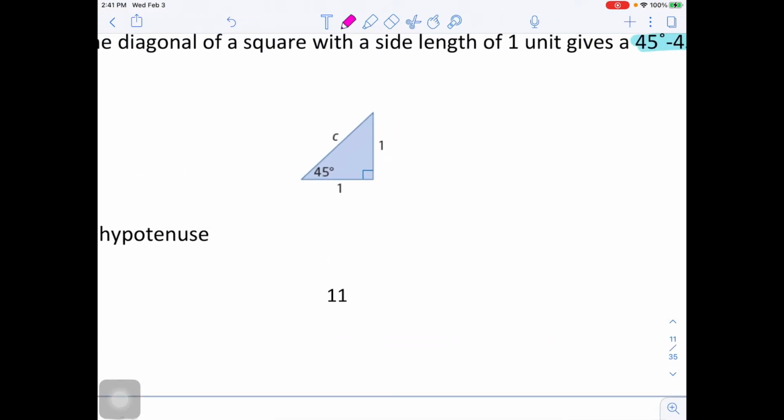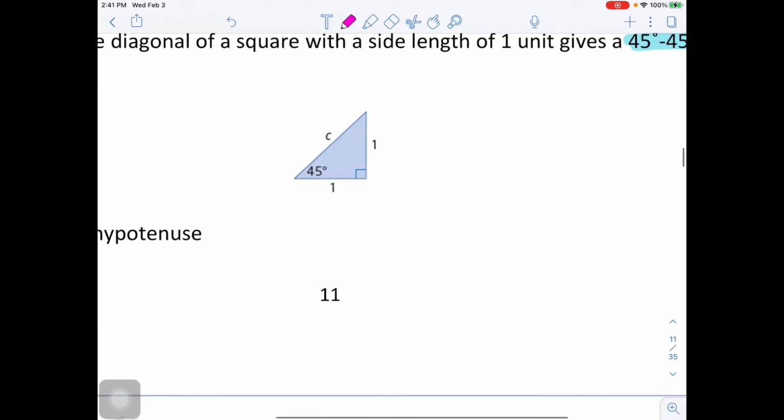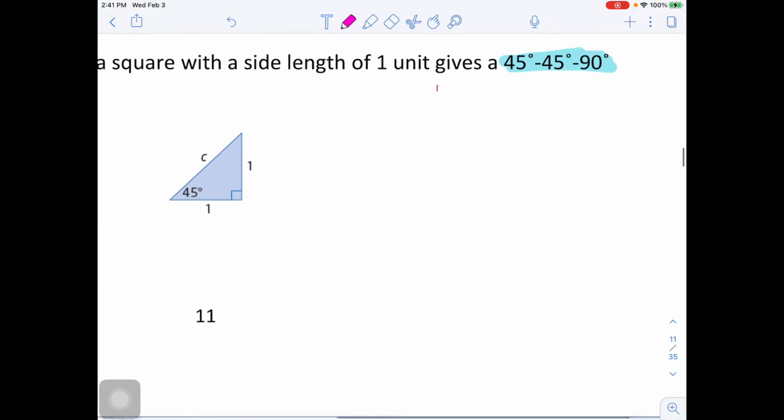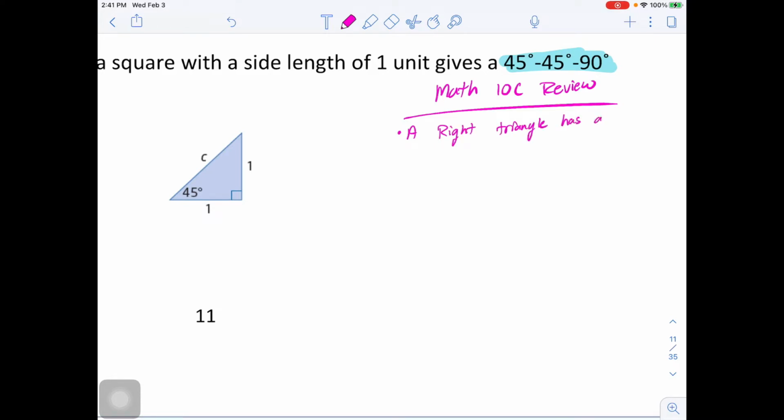So remember, this is from Math 10, so Math 10 review, I guess. There's a few things you want to remember about Math 10's values, okay? In Math 10, you learn that a right triangle has a 90-degree angle, okay?